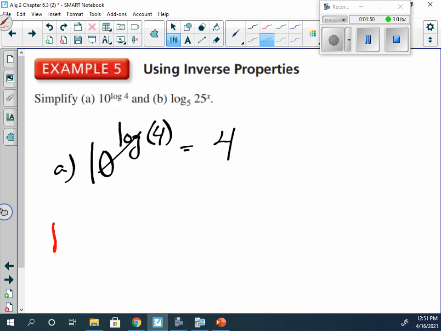Now the other one that we have is log base 5 of 25 to the x. Now, if we have log base 5 of 5, the base and the logarithm with base 5 and 5 would simplify out. This would simplify out completely, except for whatever the exponent is.